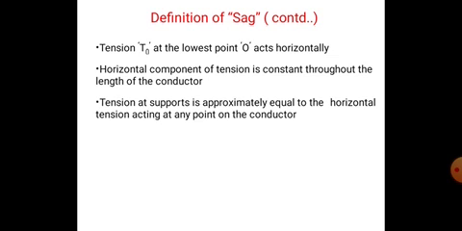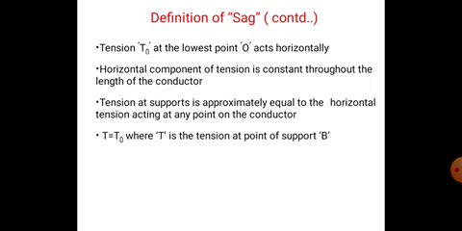Tension at the supports is approximately equal to the horizontal tension acting at any point on the conductor, where T is equal to T naught, and T is the tension at the supports.